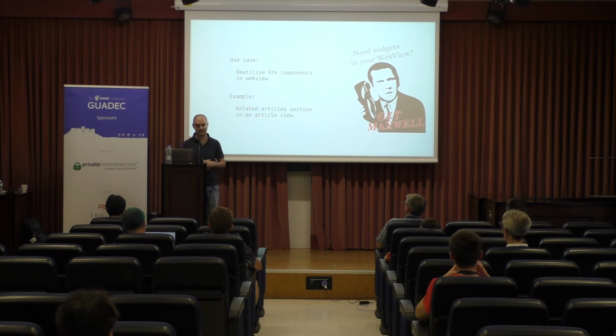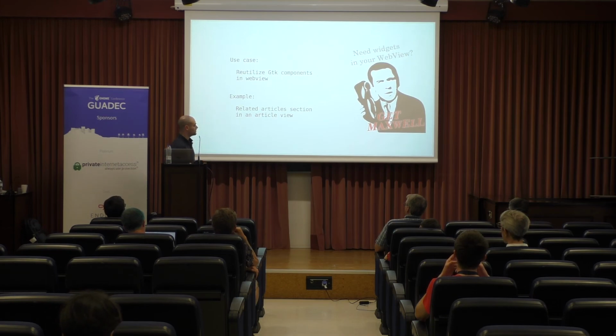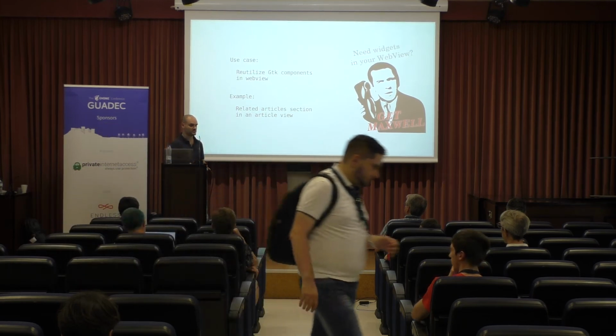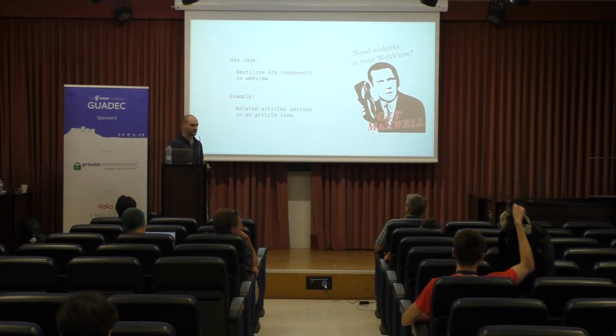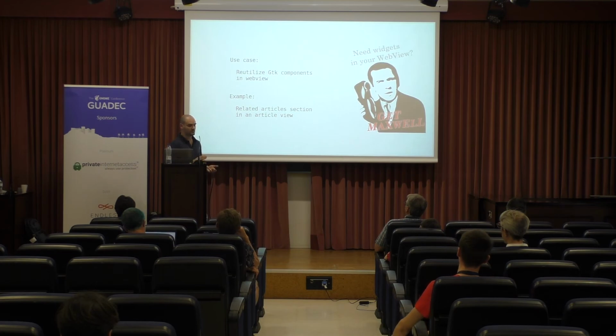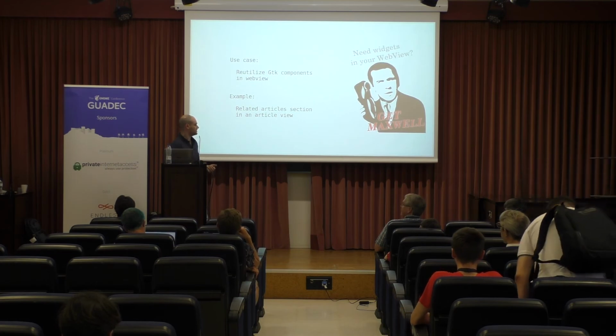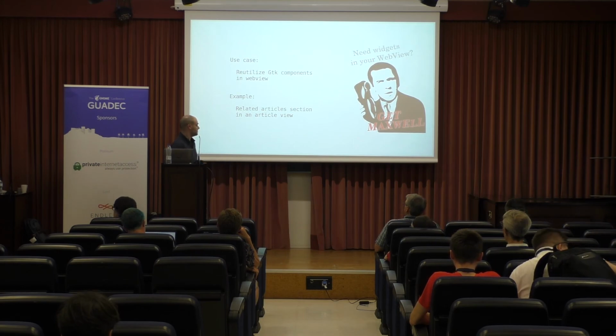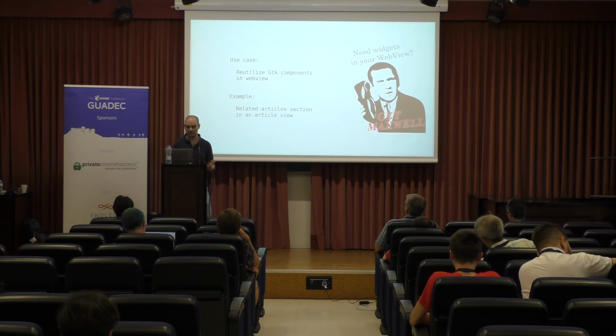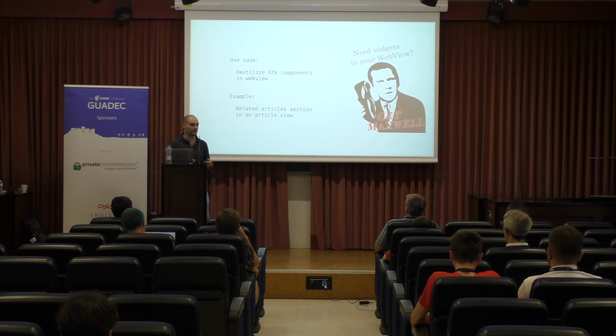So what's the use case for this? In our case, we wanted to reutilize the GTK component that we had. The actual example: we have some applications that are made to display content, and the articles we display are of course displayed using a web view because they are HTML articles. So we have this component, a related article, so you can go through different articles that are related to the main one, and that's implemented in GTK.